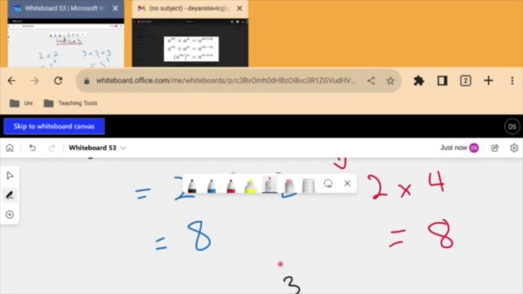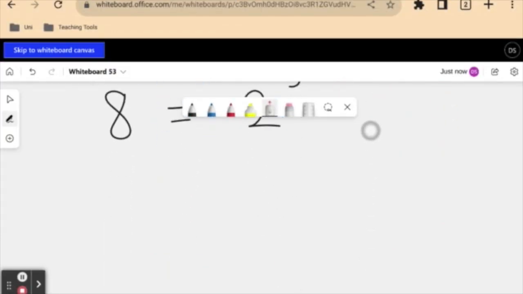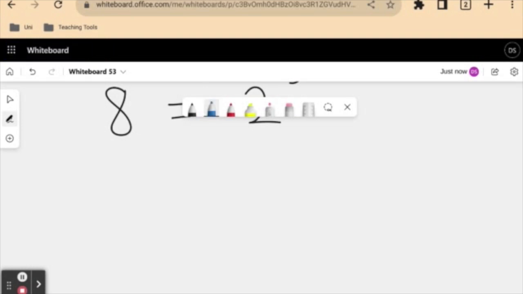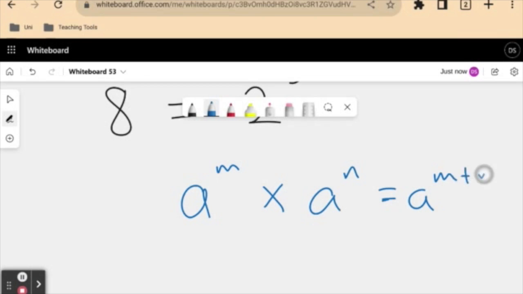And this is that any base number, let's call it A, when A to some power M is multiplied by A to some power N, we get the same base to the power of the sum of these two powers.